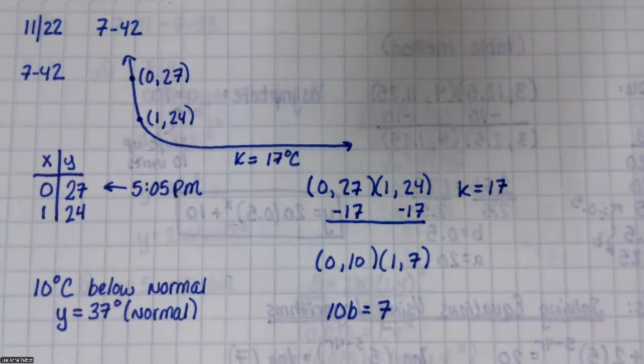I got my 2 points. I adjusted for the asymptote to about 17. I noticed that they're only one apart from each other, so there's only one B. That's where I am so far.